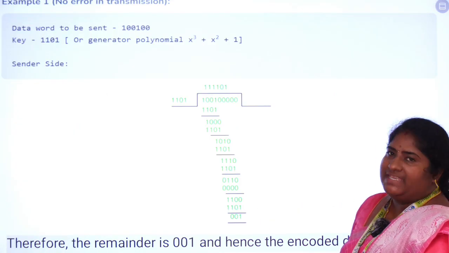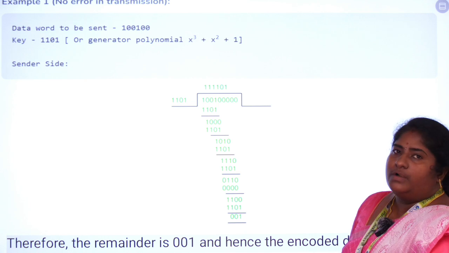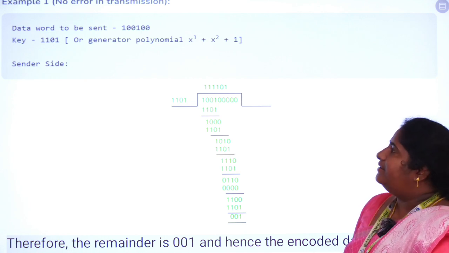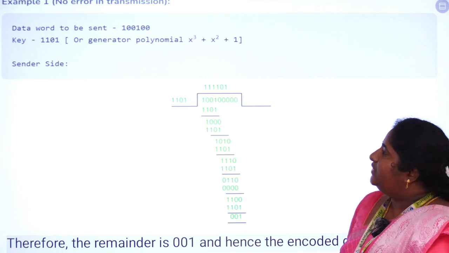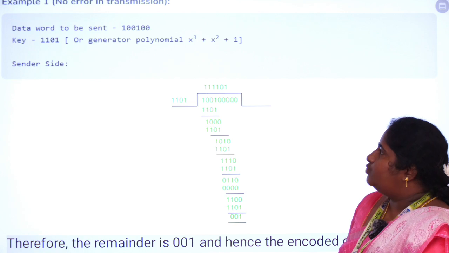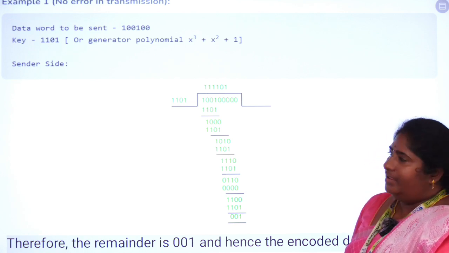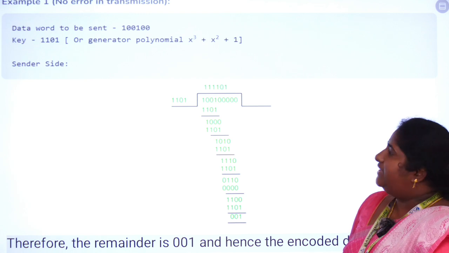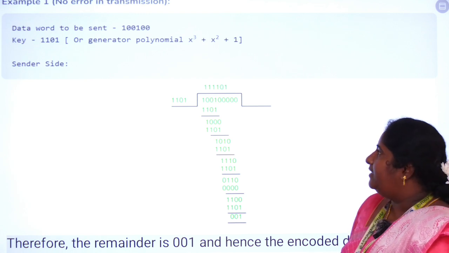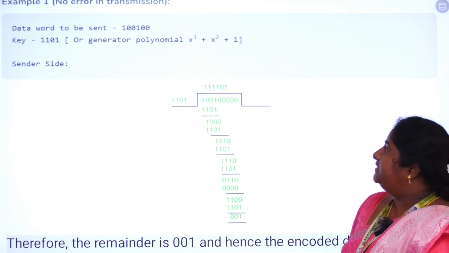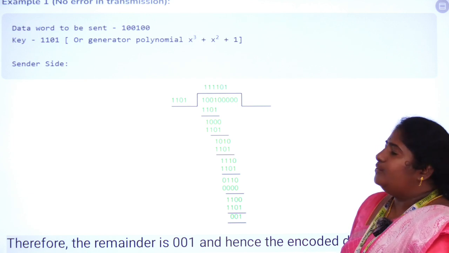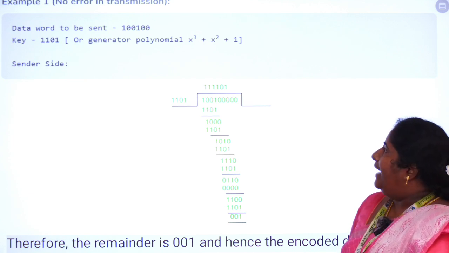So let us have an example. The first example we are going to discuss is no error in transmission. Here the data word that has to be sent is 100100. The given generator polynomial is x power 3 plus x power 2 plus 1, so the key value is taken as 1101.